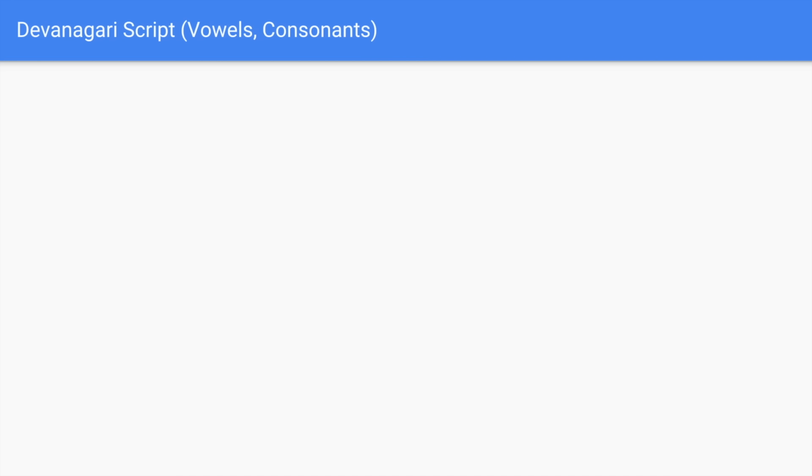Devanagari is a common script used by many languages in India, and the same script is used for Sanskrit as well. In this class, I'm going to briefly give an introduction to the Devanagari script in the perspective of Sanskrit.